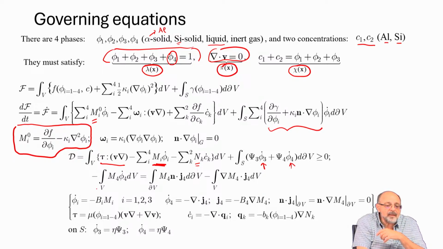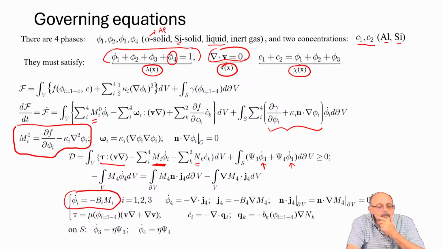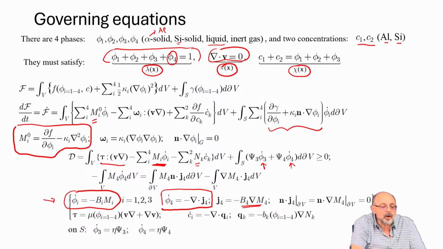So only the gas phase will have a flux, and that flux is J, and that flux will be proportional to the gradient of the chemical potential. Gas is a conserved phase field. Other phase fields are non-conserved, so they will give us second order diffusion equations, but the one for the gas will be fourth order.